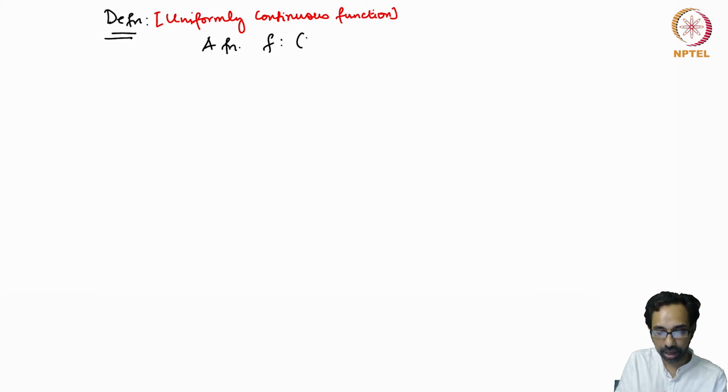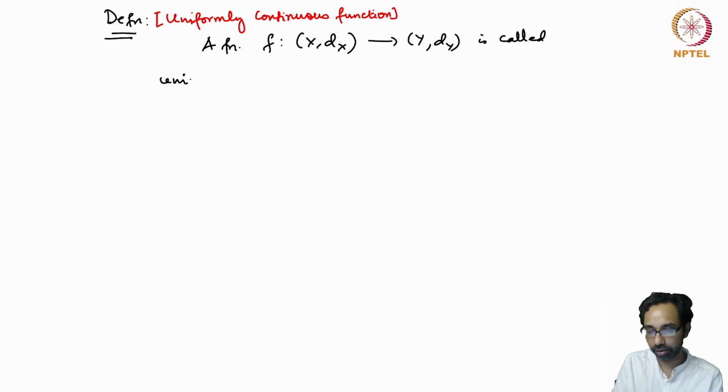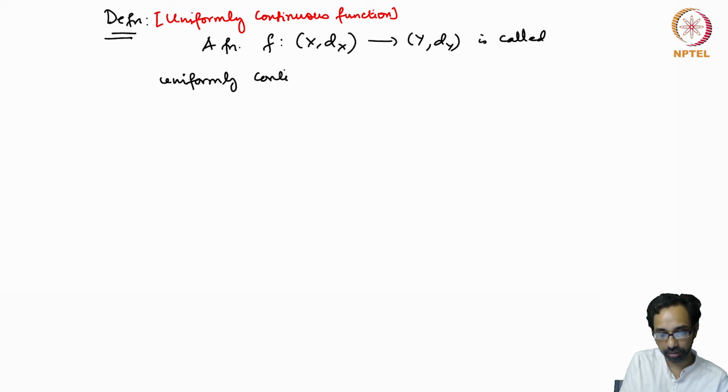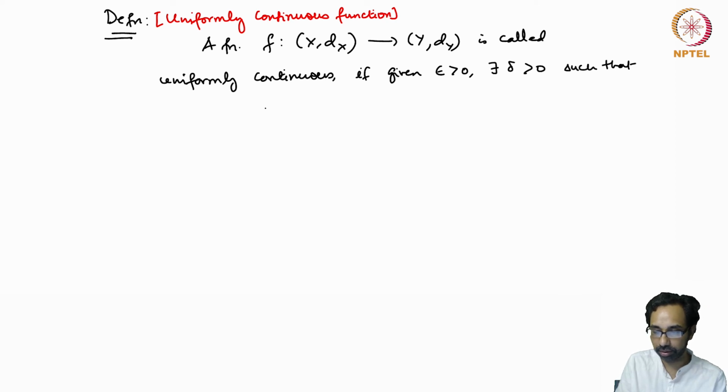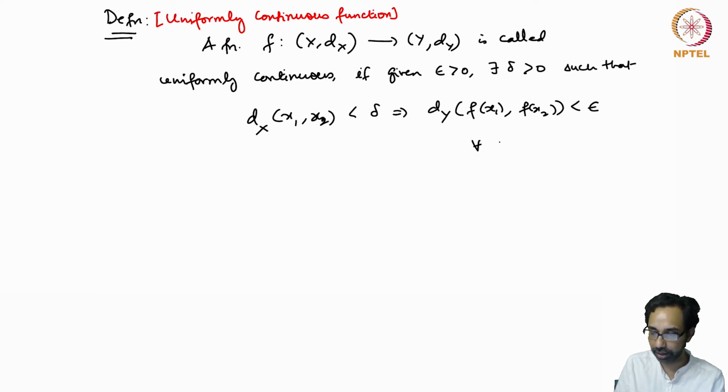A function f from metric spaces (X, dX) to (Y, dY) is called uniformly continuous if, given epsilon greater than 0, there exists a delta greater than 0 such that dX(x1, x2) less than delta implies dY(f(x1), f(x2)) is less than epsilon for all pairs x1, x2 in X.